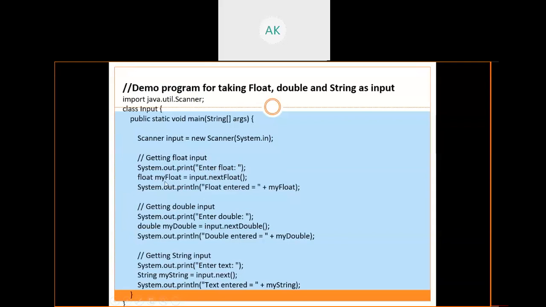And in order to take the floating values, I need to use the object name dot nextFloat method. Similarly, in order to take the double values, I need to use nextDouble. And similarly, if I want to take the string as an input, I need to use the next method. So this is quite clear, how we are going to take the input from the user, right?